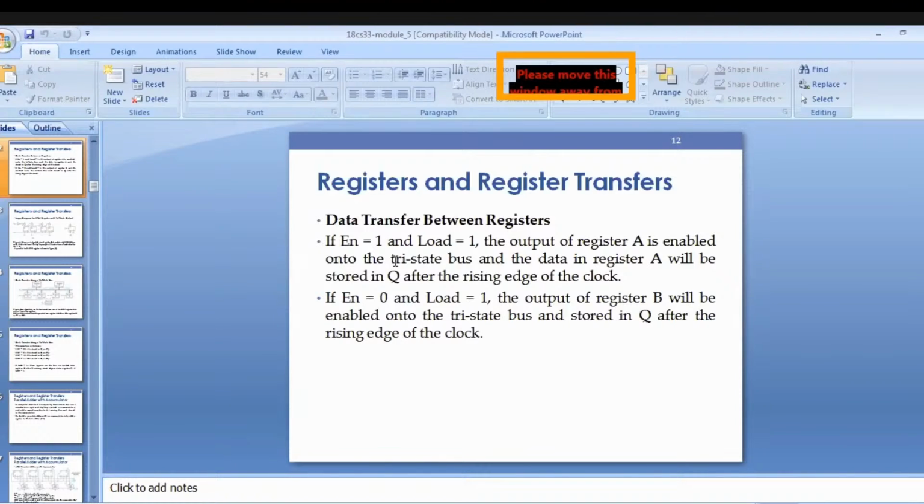That is on the tri-state bus, the data of register A will be stored at Q after the rising edge of clock 1. Suppose in a data transfer between the registers, if enable is 0 and load is also 1, the output of register B will be enabled, it is also on the tri-state bus, and it will be stored at Q after the rising edge of the clock.